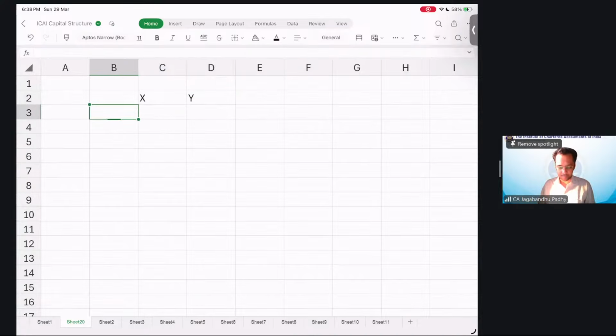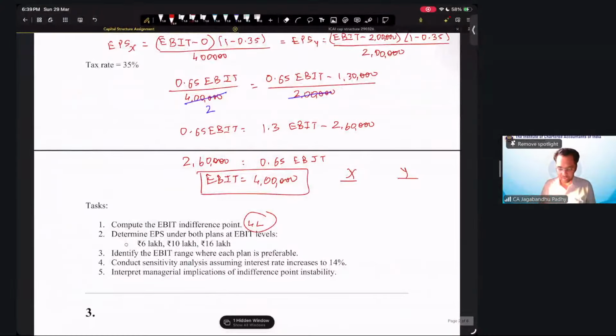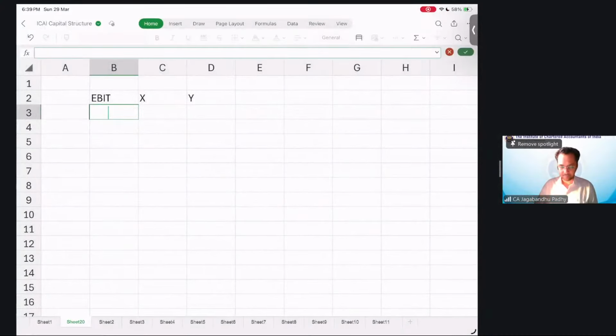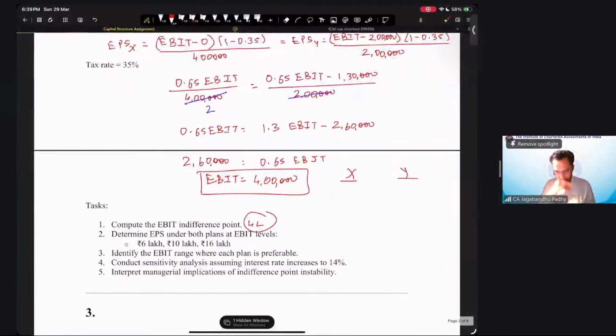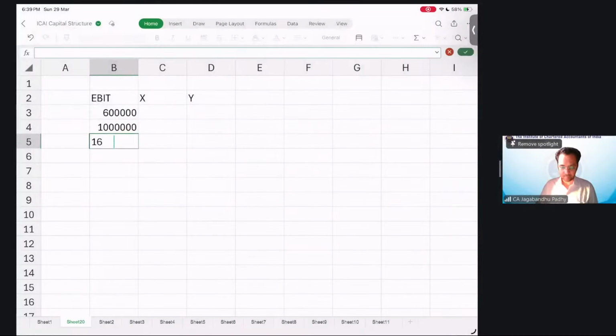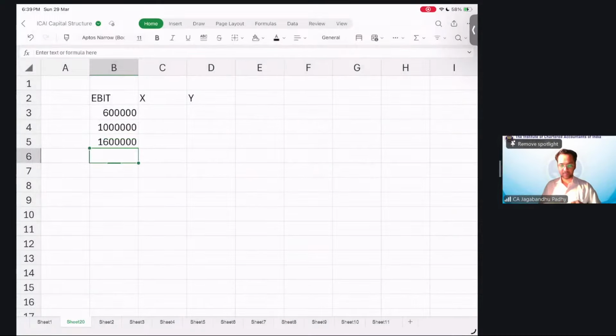The EBIT levels are 6 lakh, 10 lakh, and 16 lakhs.